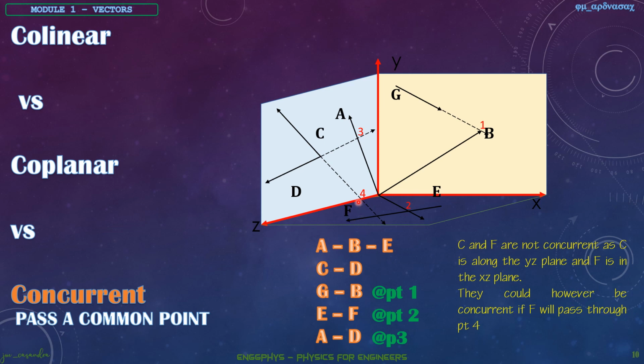Okay? So, kung dito nakalagay siya, nasa plane XZ pa rin siya, pero tatama siya dito sa point 4, in which C will also tatama, then F and C will become concurrent. But in this case, they will not be concurrent.